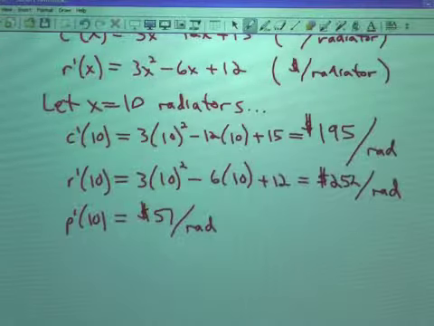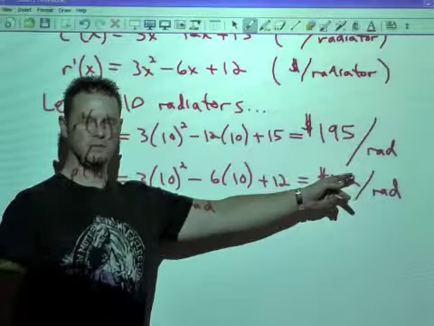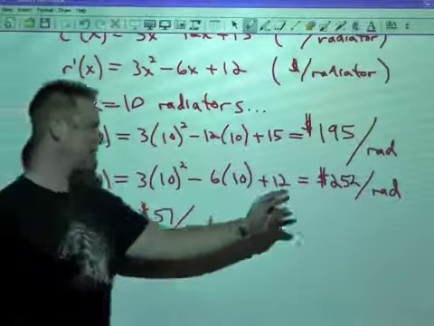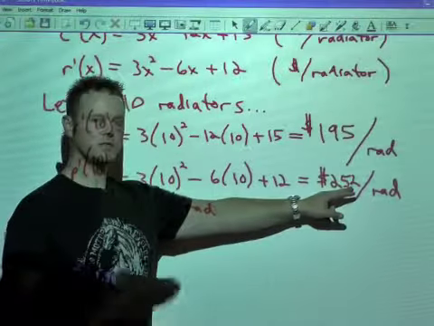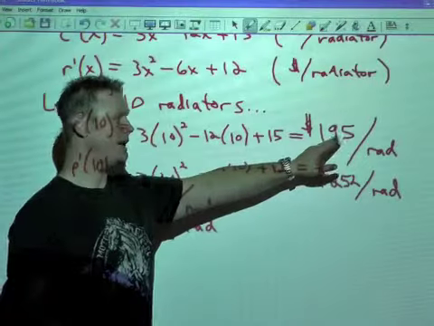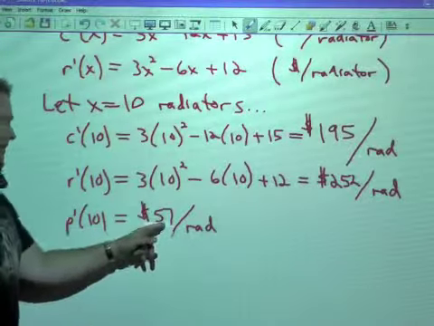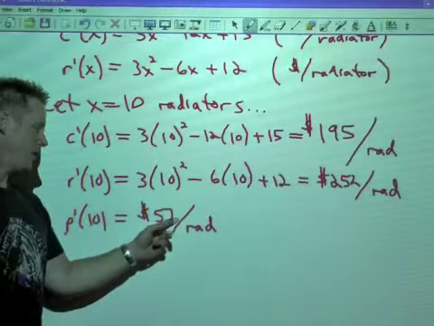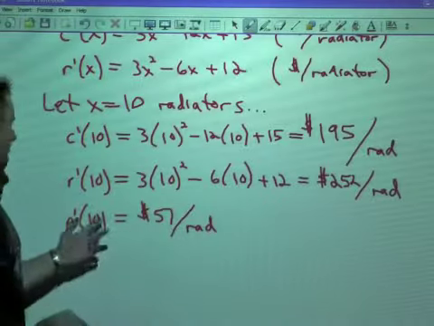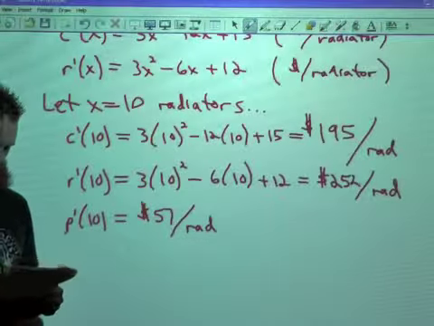And notice that that happens to be the difference of these two amounts, which makes sense. Because if our money coming in is increasing $252 for each radiator we make, but our costs are only increasing by $195, the difference between those two values is the marginal value of profit. That goes back to the fact that profit came from the difference of the two functions anyway, so that relationship should make sense.